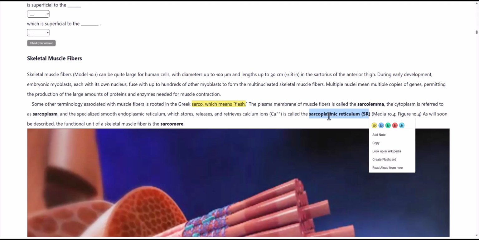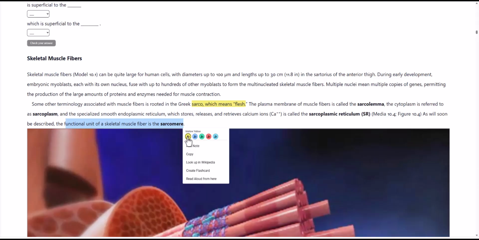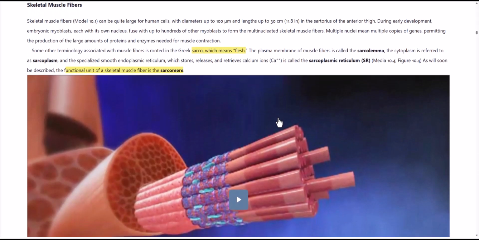And so the sarcoplasmic reticulum is a network of membranes in the muscle that store and release calcium as needed for muscles to do their contractile work. And then lastly, another term with sarco in it, there is the sarcomere. The sarcomere, we'll see, is the functional unit of skeletal muscle cells. And that will be something we'll be talking about quite a bit.